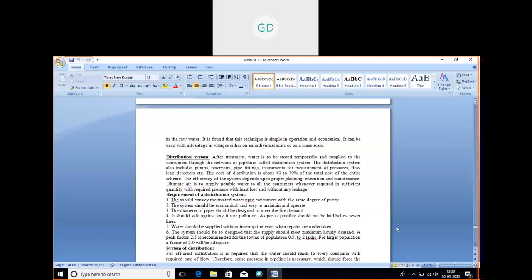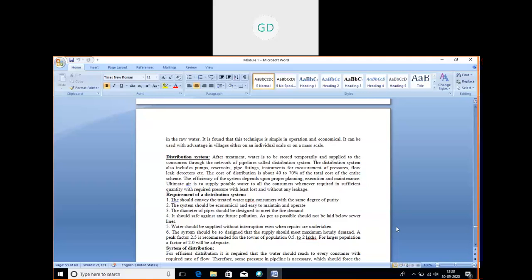So your treatment process is finished. After you have done the treatment to the water, after the water has been properly treated and made safe so that it can be supplied to the consumers in their individual homes, now the water has to be taken from the treatment plant to the roads and streets in the city, and then finally to the individual houses.